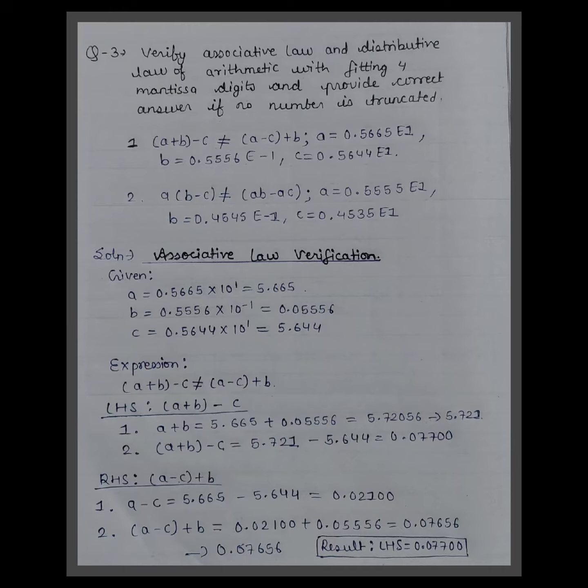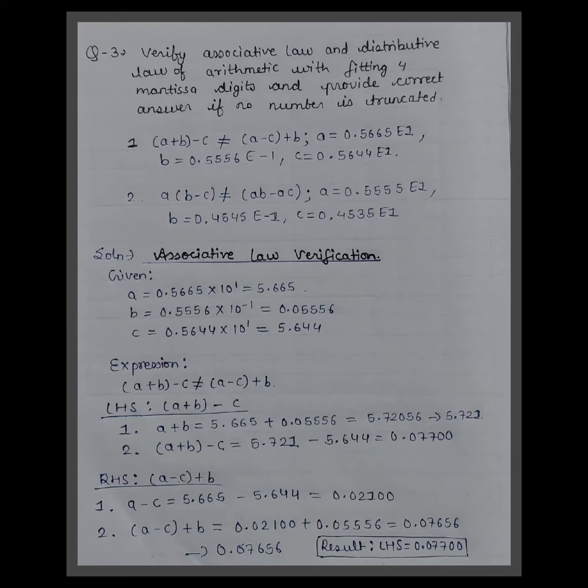Now moving to question number 3: verify the associative law and distributive law of arithmetic with 4 mantissa digits, and provide the correct answer if no number is truncated. We have two expressions. First, a plus b minus c not equal to a minus c plus b, where a equals 0.5665 E1, b equals 0.5556 E minus 1, c equals 0.5644 E1.